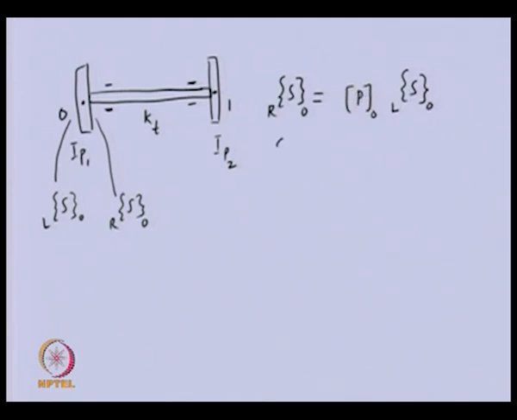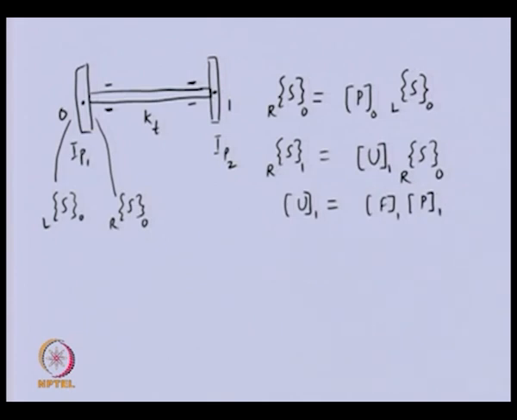Now, if we want to transfer the state vector to right of 1 from the state vector right of 0 station, we have already seen that we need to multiply by the transfer matrix U1, and U1, which we have already seen, is F1 into P1.